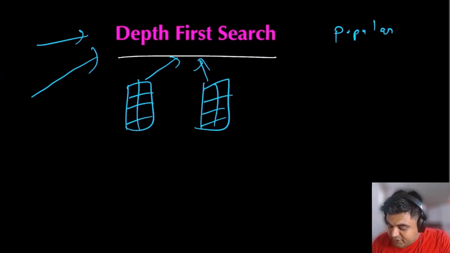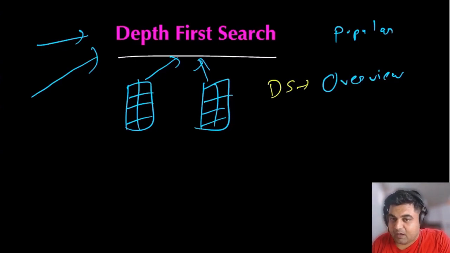The flow of this video is going to be such that first I am going to talk about the overview of what the depth first search problem is, and in the overview I am going to explain what type of data structures are being used to solve this problem and how each data structure uses depth first search.